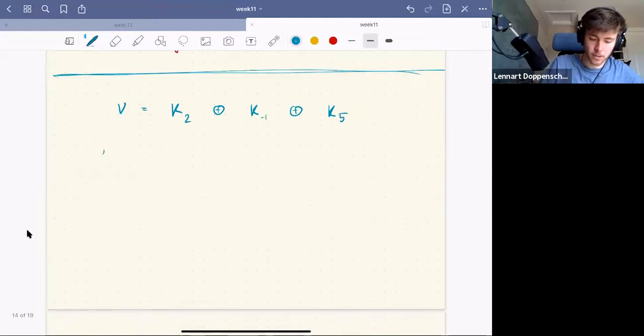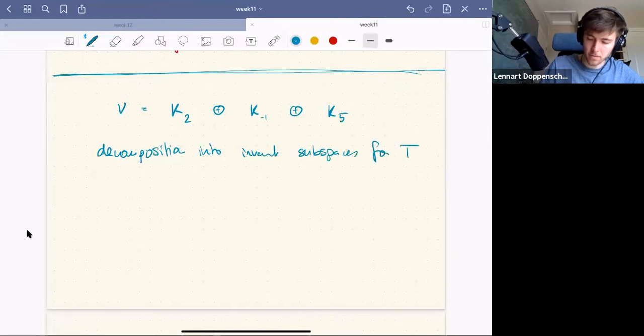This is a decomposition into invariant subspaces for T. And this means that T is equal to the direct sum of matrices.